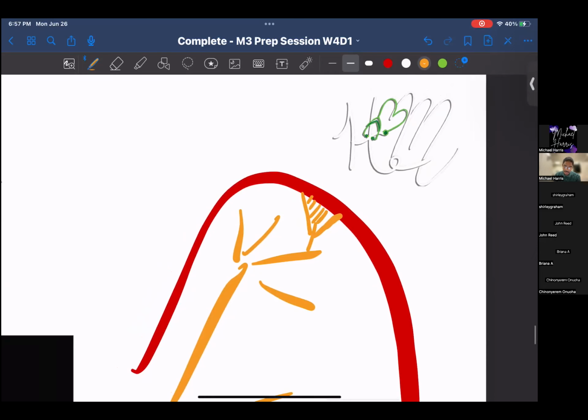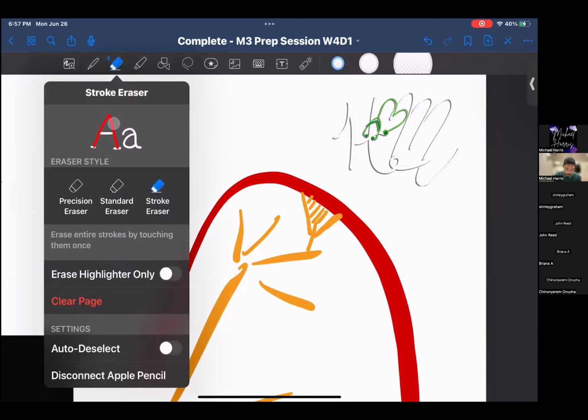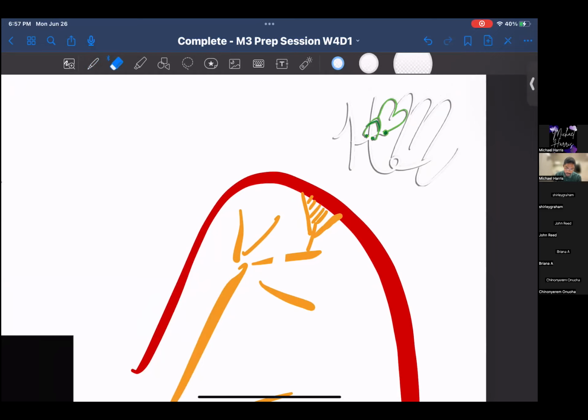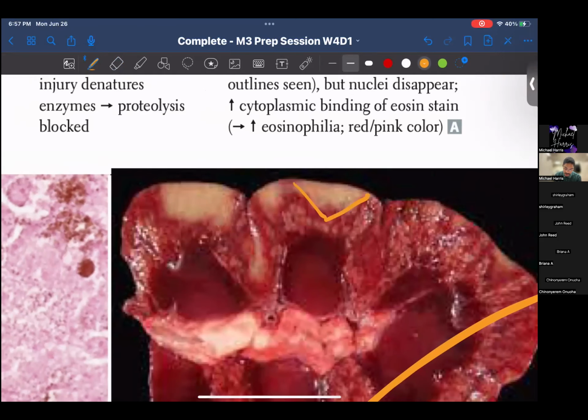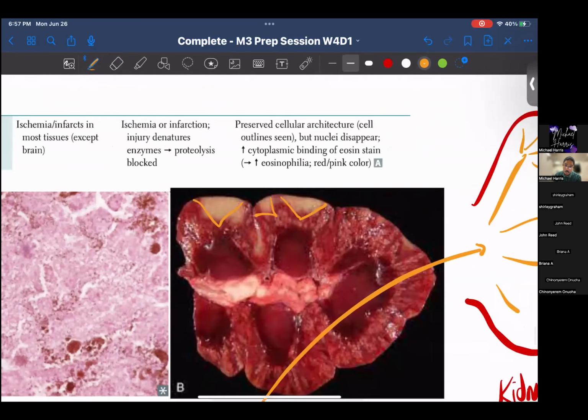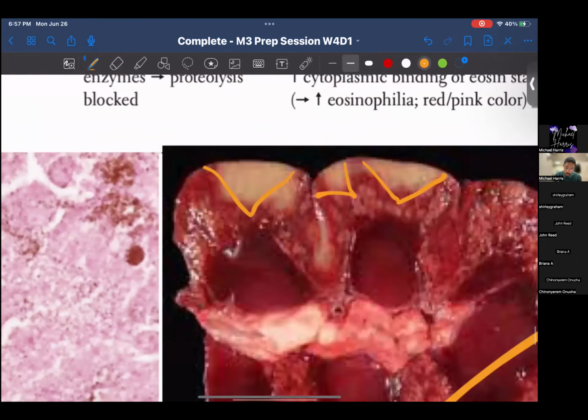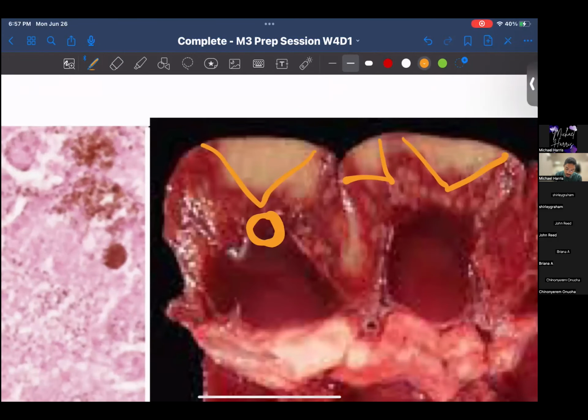So whenever you have a blockage, what do you expect to see? You expect to see a wedge-shaped necrosis. That's what you see here. Wedge-shaped, with the pointing portion where the artery is occluded. Does that make sense?